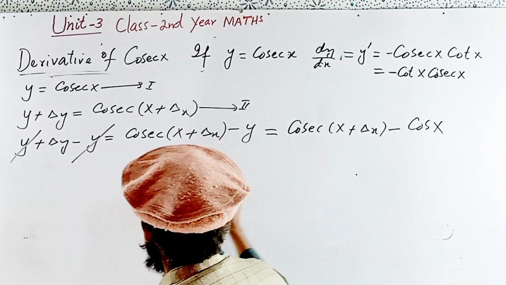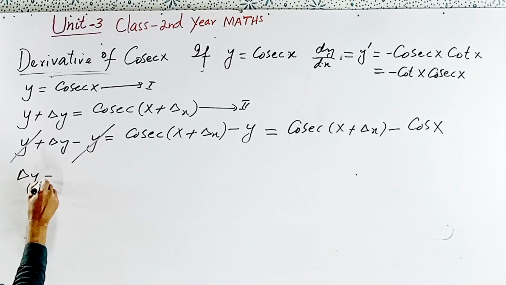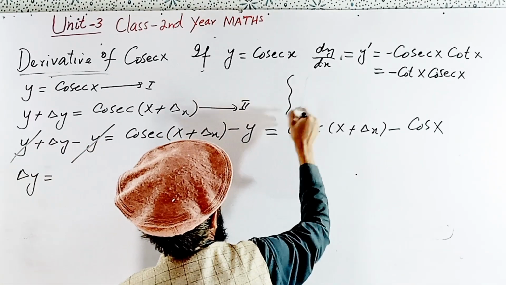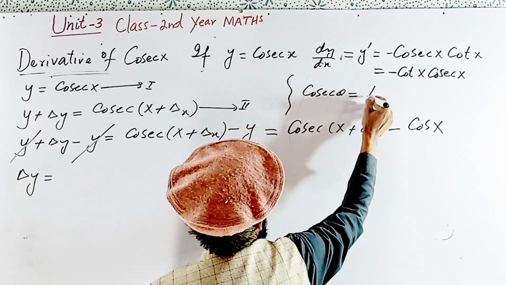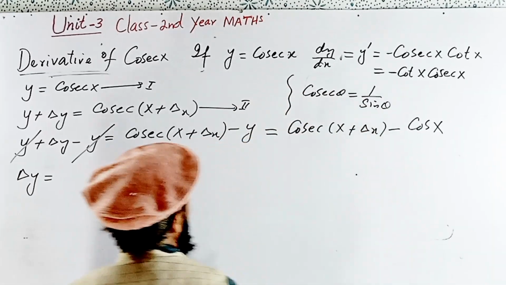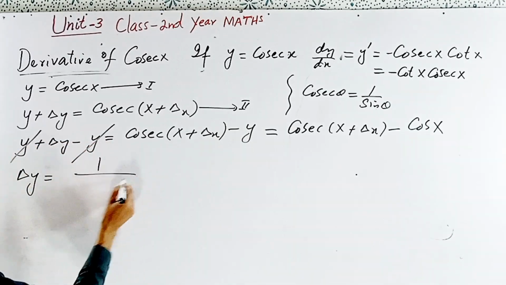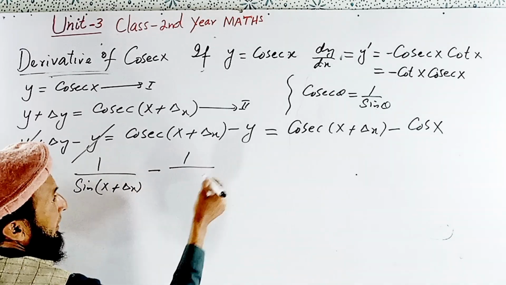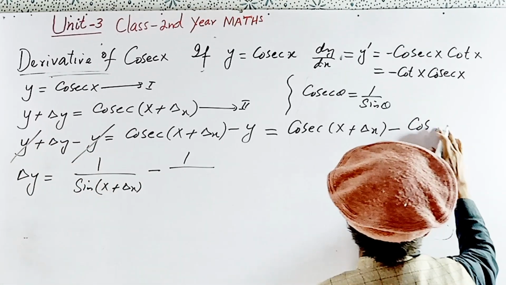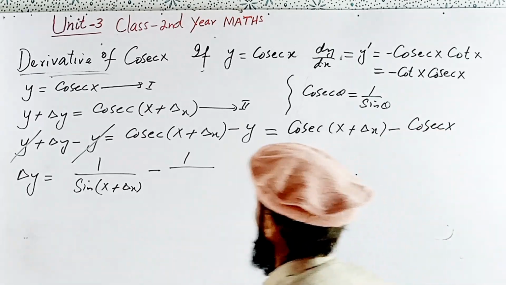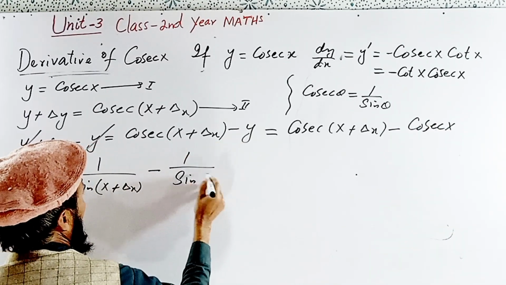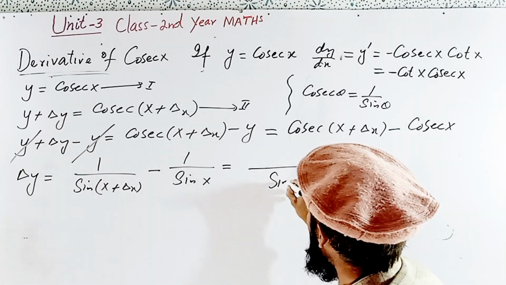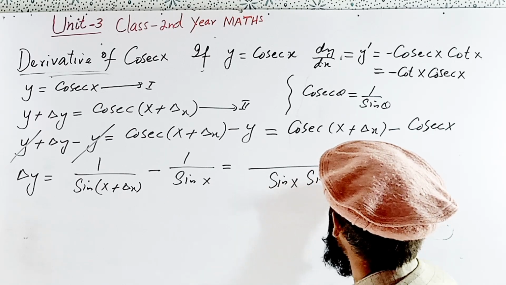Now we can write delta y is equal to 1 over sin of x plus delta x minus 1 over sin x, according to this formula, cosecant theta is equal to 1 over sin theta. Now we take the LCM, sin x and sin of x plus delta x.